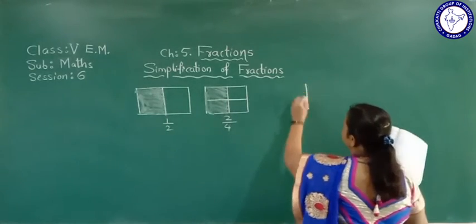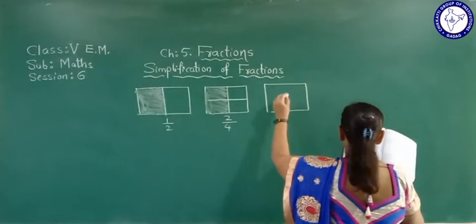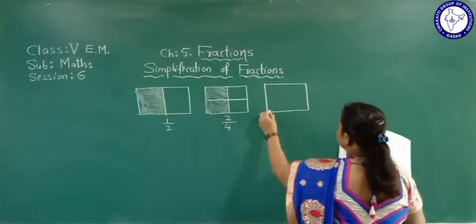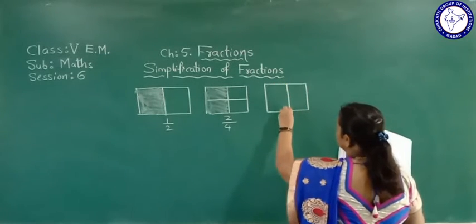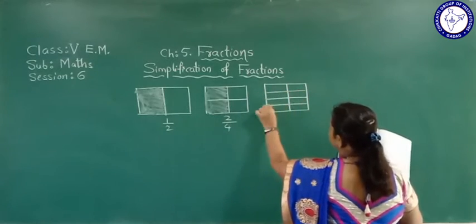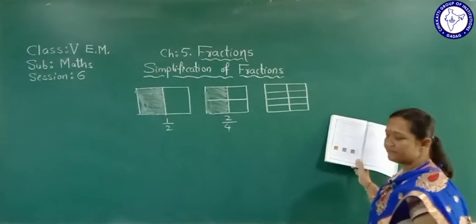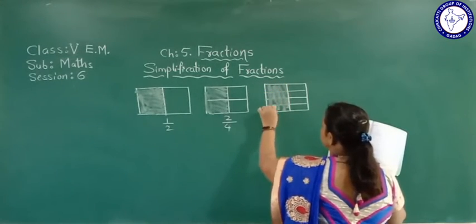Again the same figure. Here if we have 8 different parts, these are 8 different parts and out of 8, 4 parts are shaded.